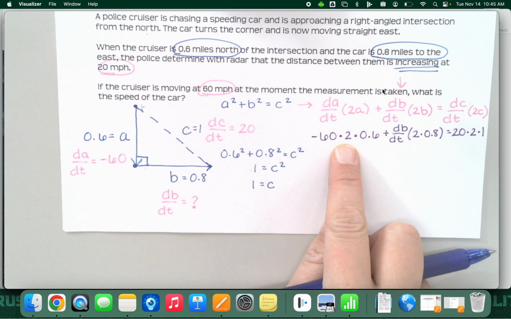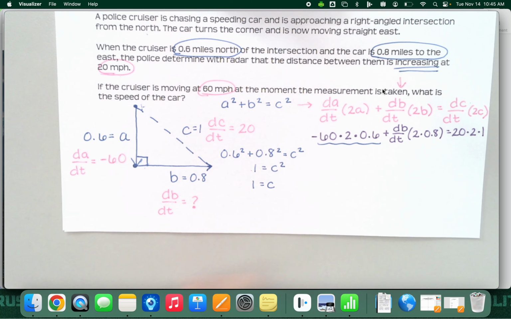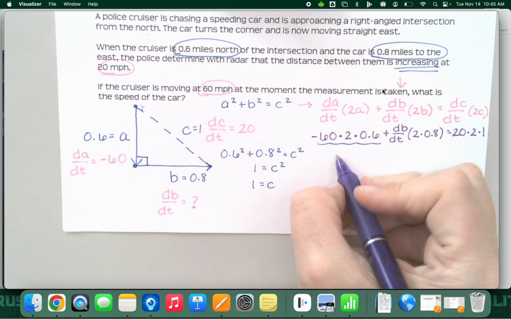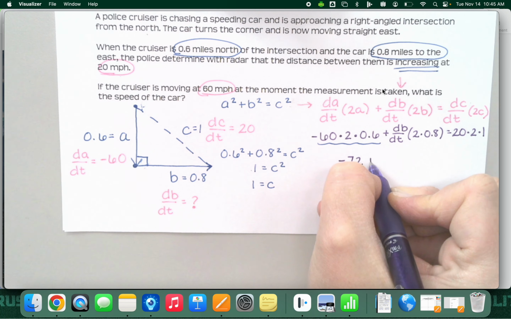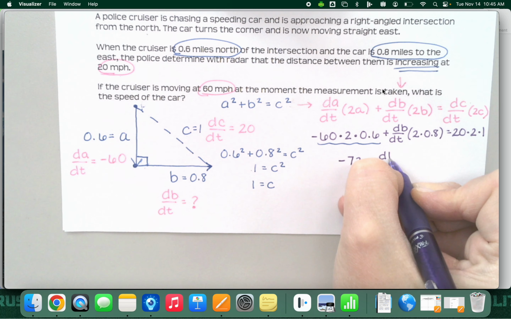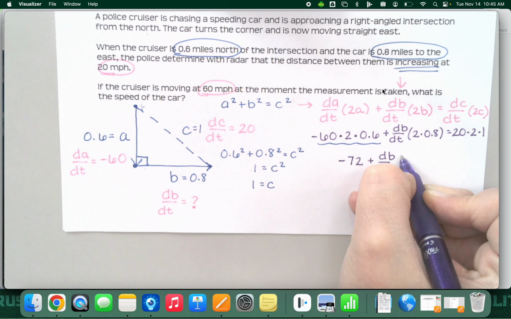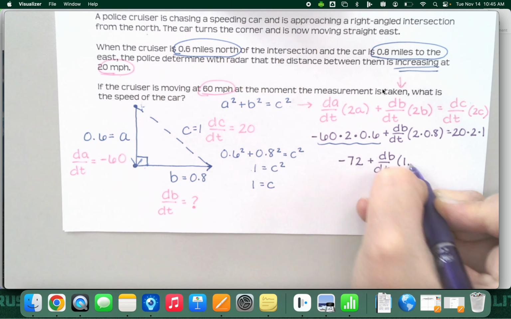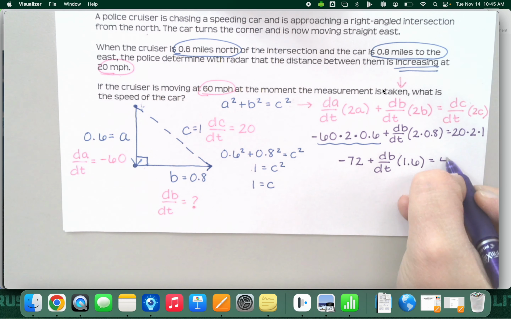Negative 60 times 2 times 0.6. So I'm kind of working this piece. This is negative 72 plus dB dt times 2 times 0.8, which is 1.6. And then 20 times 2 times 1 is 40.